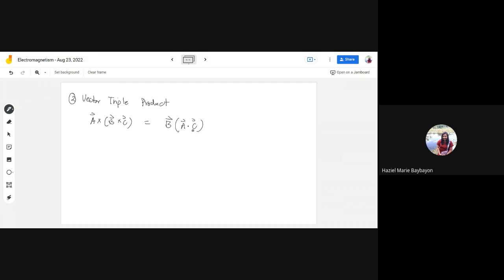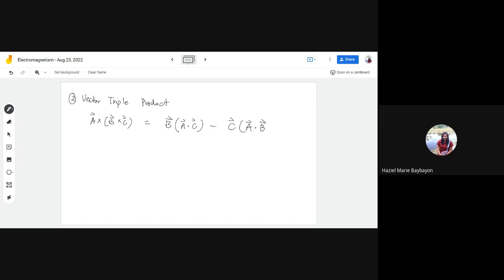The one in the parenthesis is a scalar quantity. We multiply it with a vector, so this is multiplication by a scalar, and we will get a vector quantity. Then this term: minus C multiplied by A dot B.